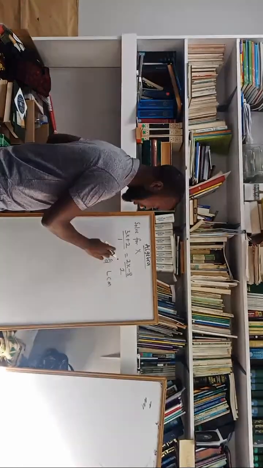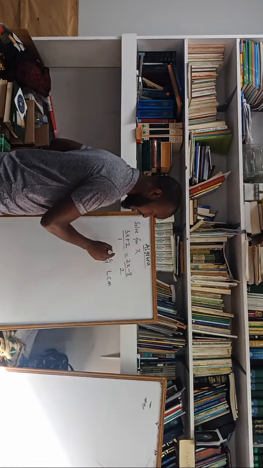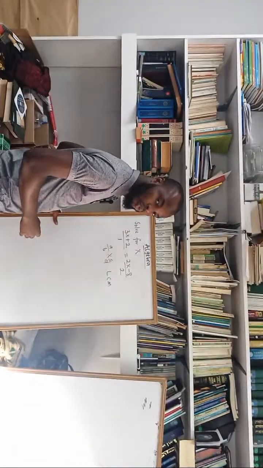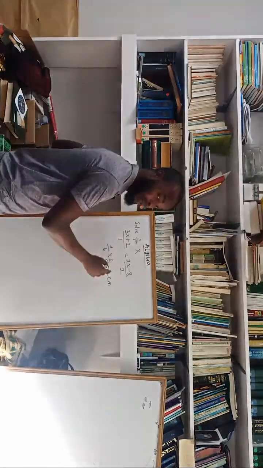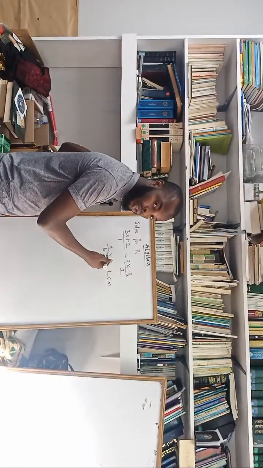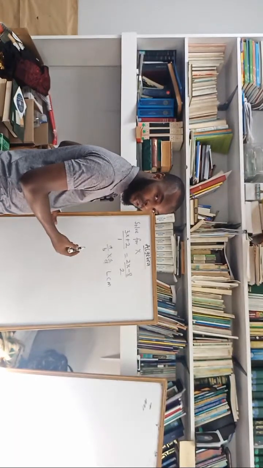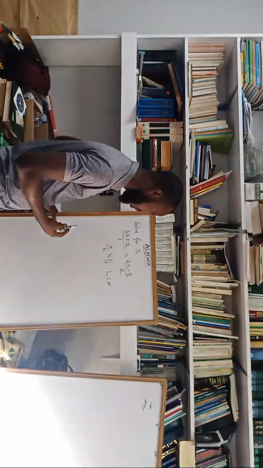But when you have two fractions separated by multiplication, you can multiply the numerator and then multiply the denominator. That is the best way to do that.